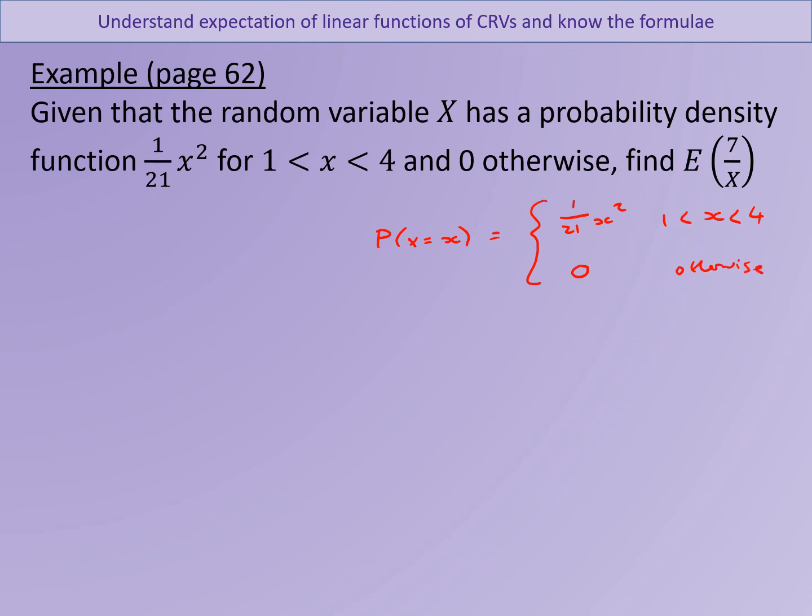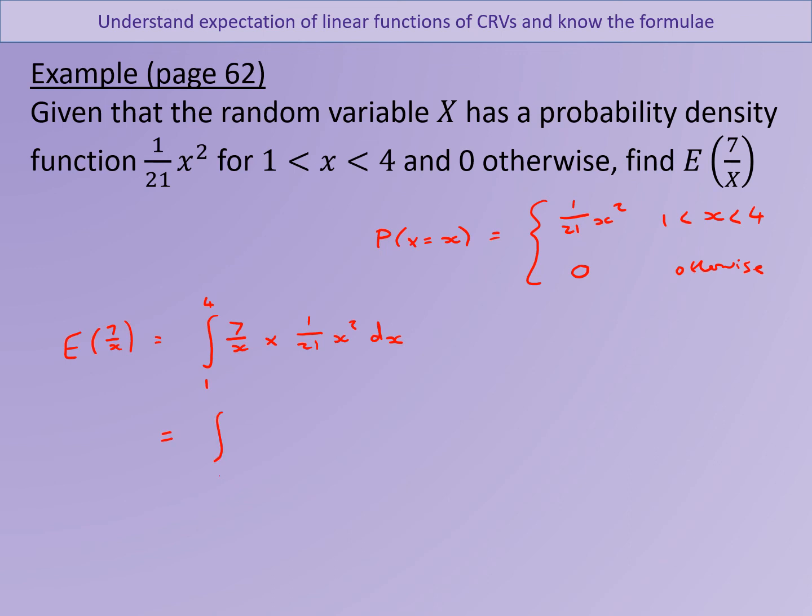We want to find the expected value of 7 over x. For this, we're going to find the integral of 7 over x multiplied by the probability density function, 1 over 21 x squared dx. This is going from 1 to 4. Since it's 0 otherwise, we don't need to integrate anything else.